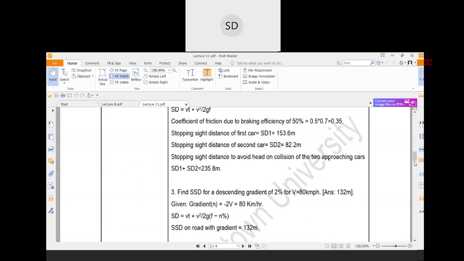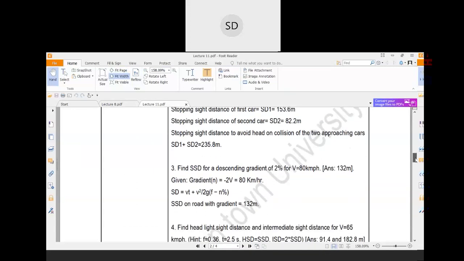Now let us solve this numerical. Find the SSD for a descending gradient, that is, you are going downward, of 2% for V equal to 80 kilometer per hour. Sir, the formula for descending gradient? Yes, that formula is basically this one.